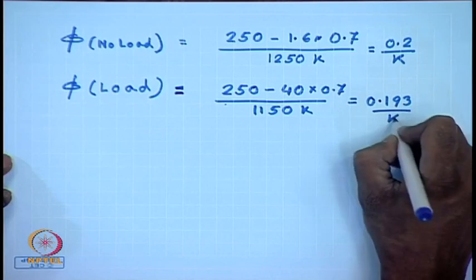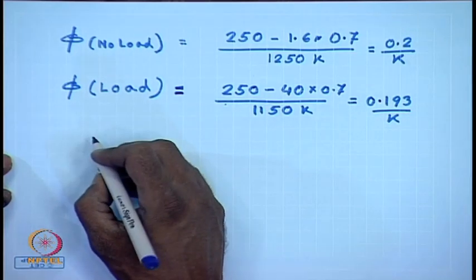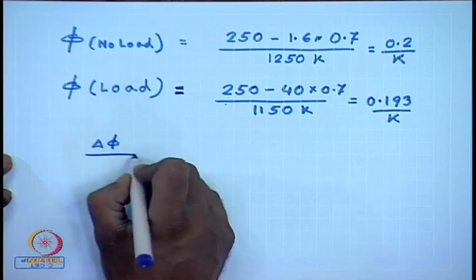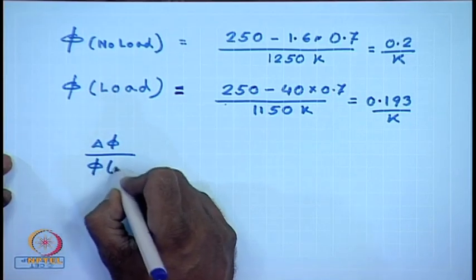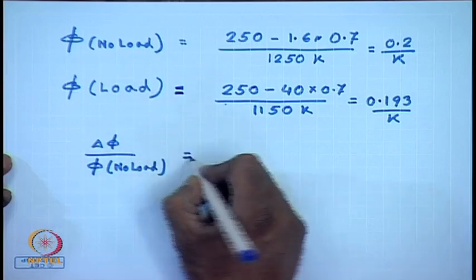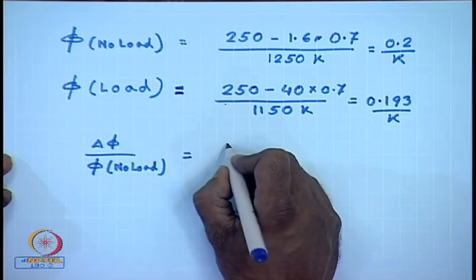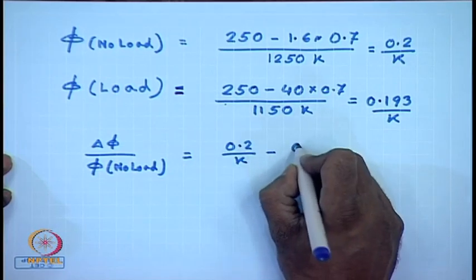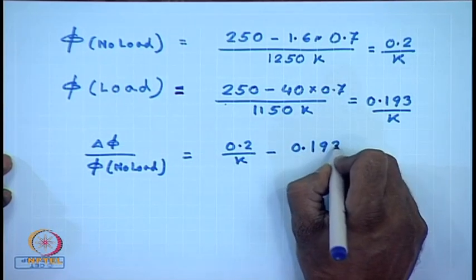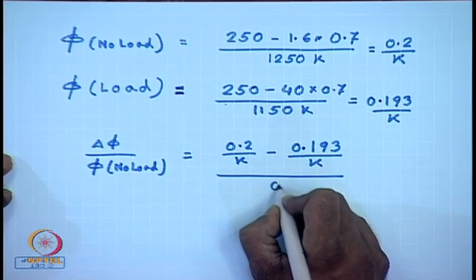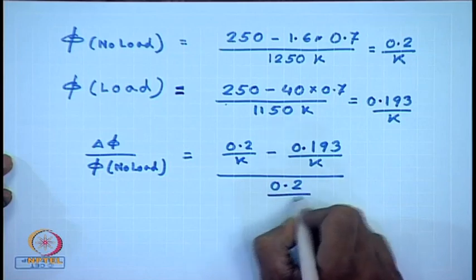So, this is equal to 0.193 by k. So, delta phi by phi no load is equal to 0.2 by k minus 0.193 by k divided by 0.2 by k.